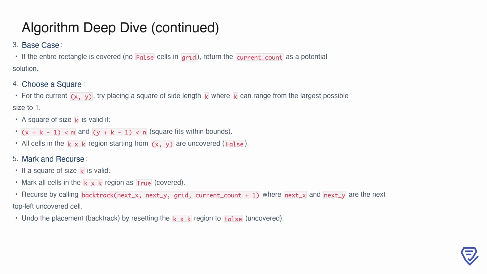If these conditions are met, we mark the corresponding cells as covered and recurse to the next uncovered cell, increasing the current_count. After exploring this path, we undo the placement by resetting the cells to their uncovered state, allowing the algorithm to consider other square sizes or placements. This backtracking ensures that all possibilities are explored.